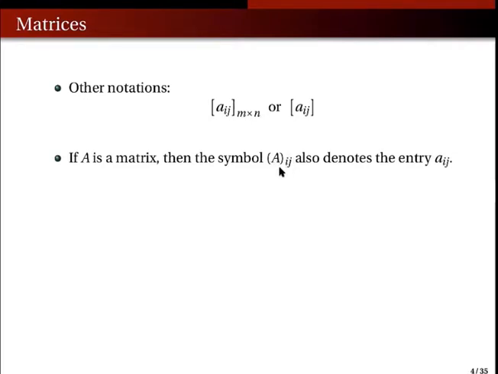So this symbol here also denotes the entry aij. So look at the difference. In here you have this notation, and then outside you have m by n, so it tells you the size of the matrix. On the other hand, if you have something like this, it tells you the actual entry, small aij.